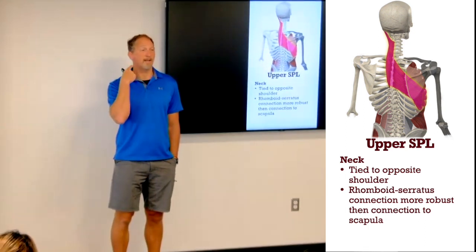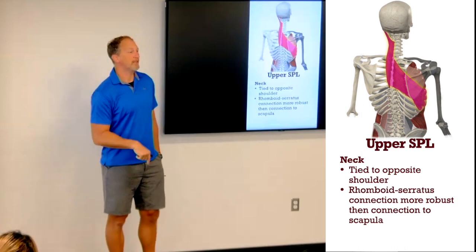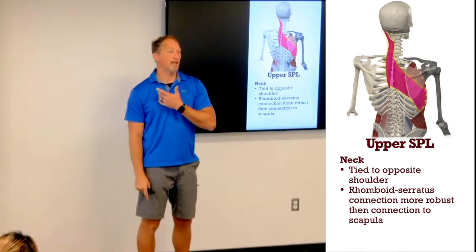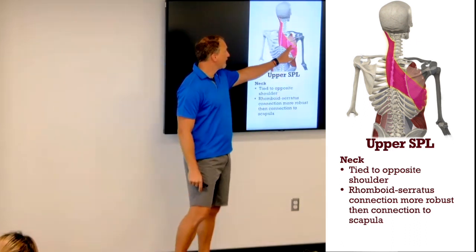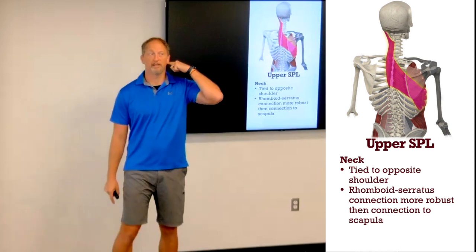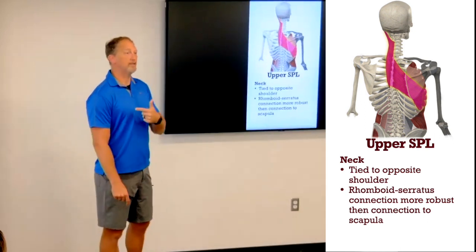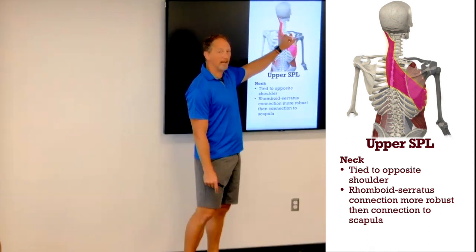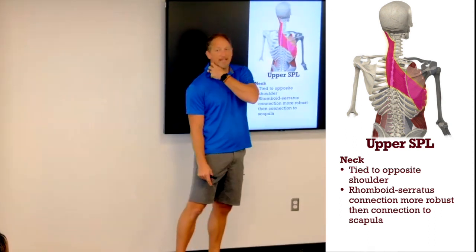Do we need to consider the right side of the neck? Yeah, we do. But if we think about it from a spiral line standpoint, because the right side of the neck, that's lateral line, we also have to consider spiral line. I know that my right scapula is tied to the left side of my head. So if I have a right shoulder problem, I have to consider the neck on the opposite side. I can't just consider the neck here.